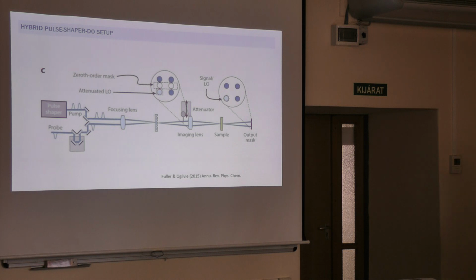There are hybrid ways: you can use a pulse shaper to split the pump, and use diffractive optics to separate the signal from the background, to have kind of the best of both worlds.